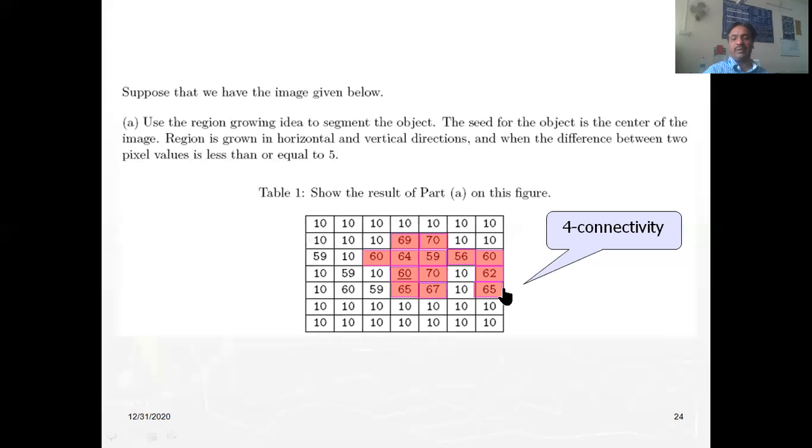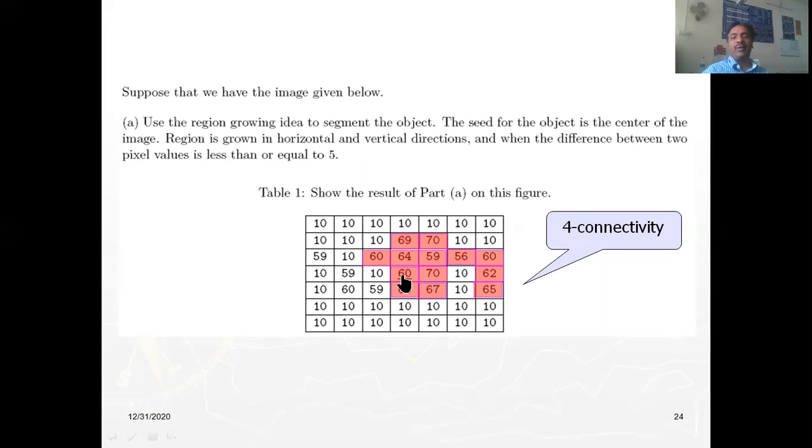Into the same region. The idea is very simple. First, select the seed pixel. Here it is 60. From that seed pixel, you check the horizontal and vertical pixels. If the difference between the seed pixel intensity and those horizontal and vertical pixel intensities is less than or equal to 5, those pixels can be added.